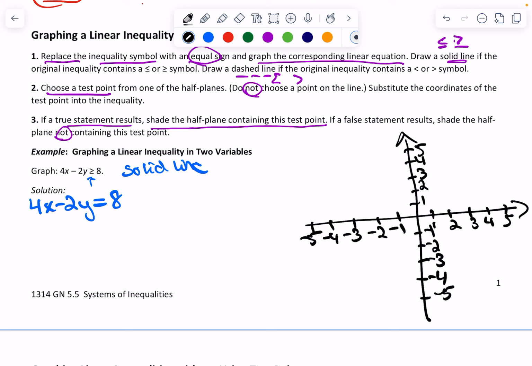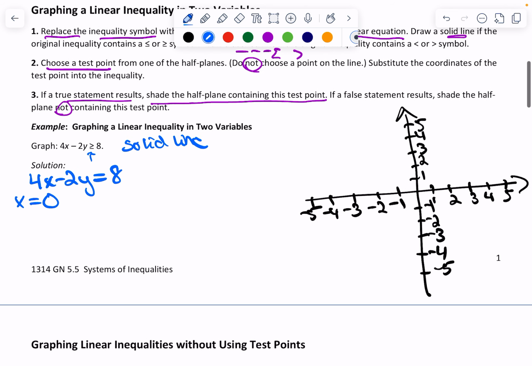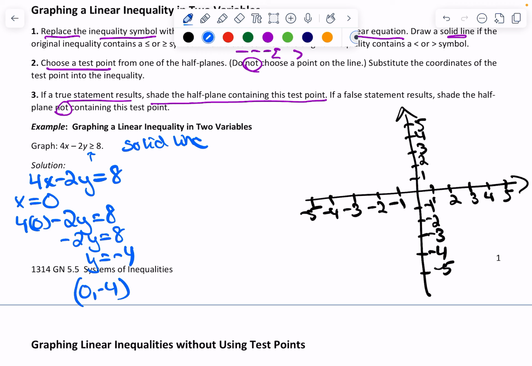We're going to find the x and the y-intercept. We start by substituting 0 for x, so we're finding the y-intercept first. 4 times 0 minus 2y equals 8. 4 times 0 is 0. We divide by negative 2 and get y equals negative 4. So our y-intercept is 0, negative 4 right here.